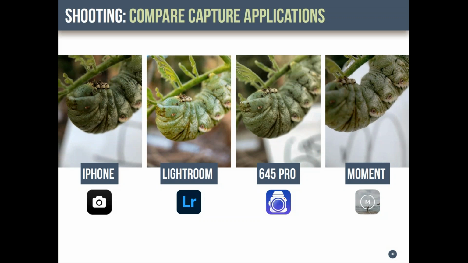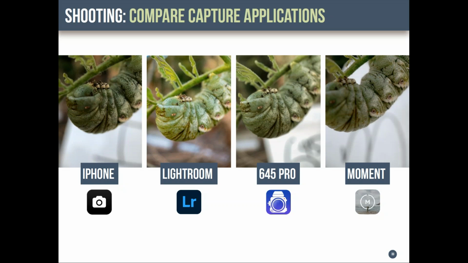Another suggestion I have is do a test. That way you know. Most of these apps are pennies. They're free, or they're $1 or whatever. Shoot the same item with each of these camera captures and take a look and see what works for you. But do yourself a favor: put a piece of paper in the frame somewhere and write what it is. On the iPhone, you can see a blurry eye behind it.